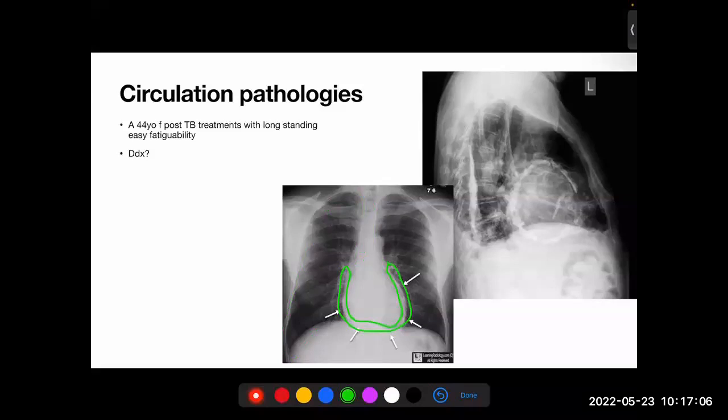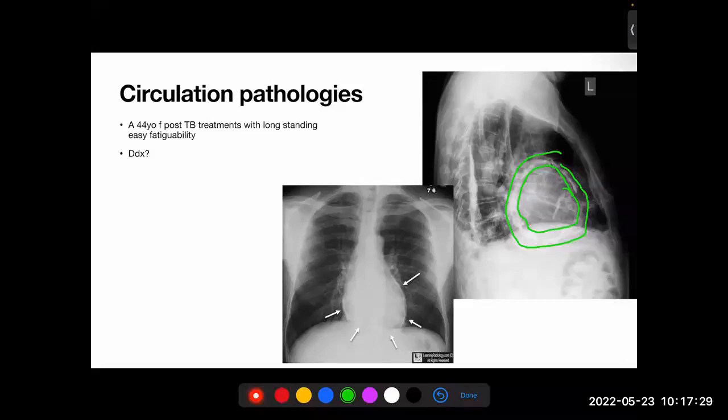Ladies and gentlemen, are we there? Yes, pericardium. What's happening to that pericardium? This lesion is also the same here. What is this?